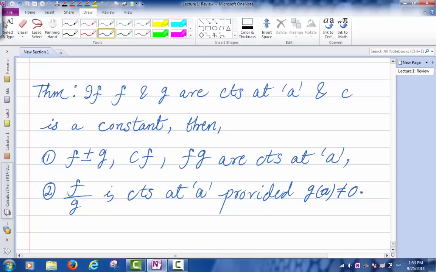Right? If g of a is 0, then it wouldn't be continuous at a. Okay, so these are the algebraic properties of continuity of functions.